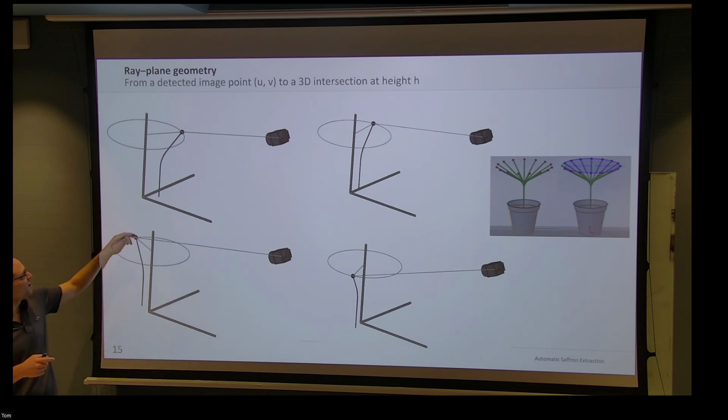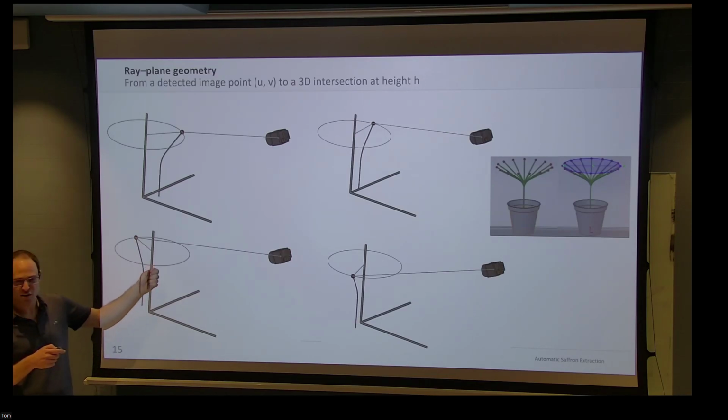But in the camera view, as you can see, when we rotate it, it becomes an ellipse. Now we want to understand the relationship between this ellipse and the real circle in the world, because this is the 3D dimension that we work in, and this is the image plane.